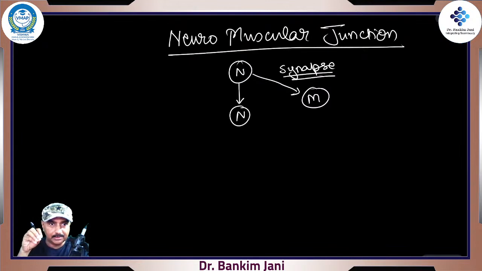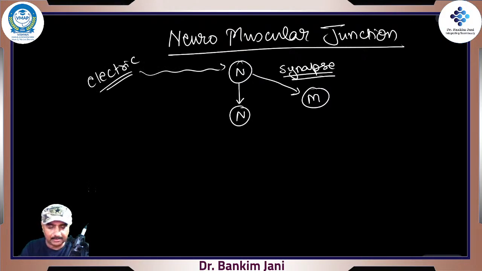Basically, what it is doing is releasing the neurotransmitter. So what do neurons do? The electric signal which is coming, that electric signal is getting converted to a chemical signal in the form of neurotransmitter.